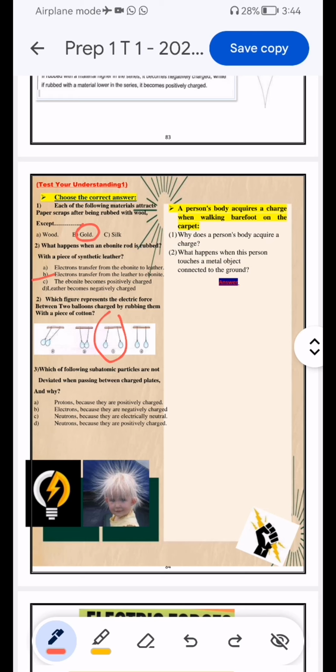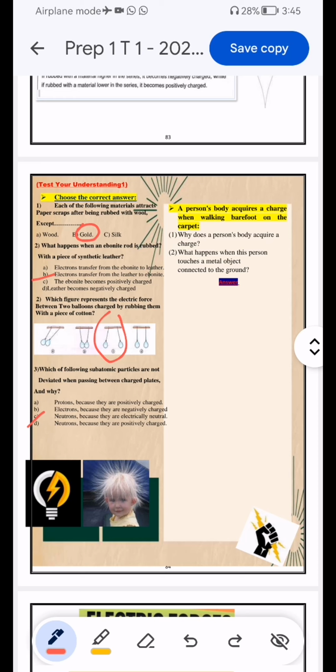If we have two plates, one positive and the other negative, and subatomic particles pass through them, electrons will deviate to the positive plate, protons will deviate to the negative plate, and neutrons will not deviate to any plate because they are neutral. So we will choose C, neutrons, because they are electrically neutral, so they pass in a straight line without any deviation.